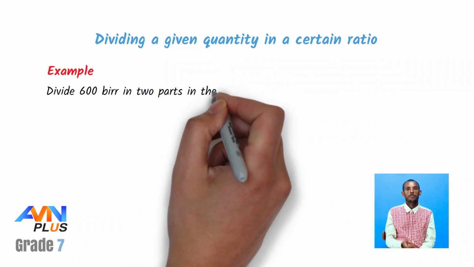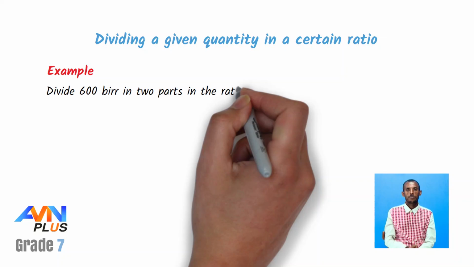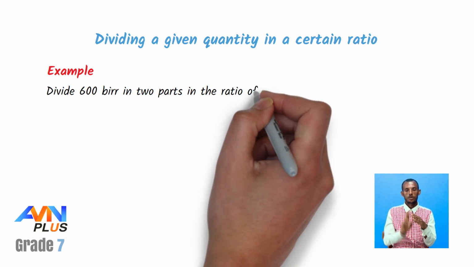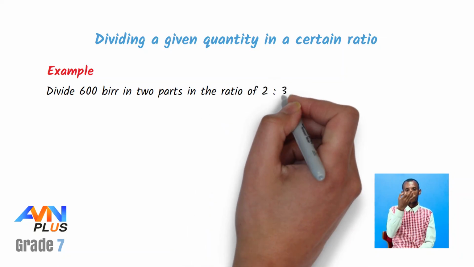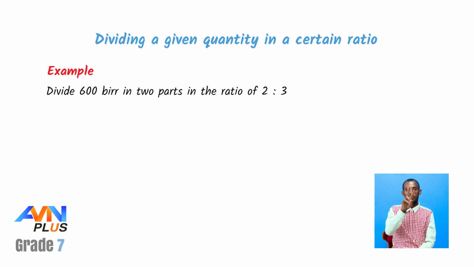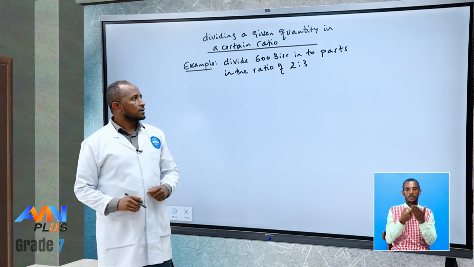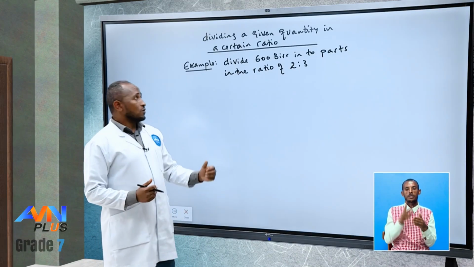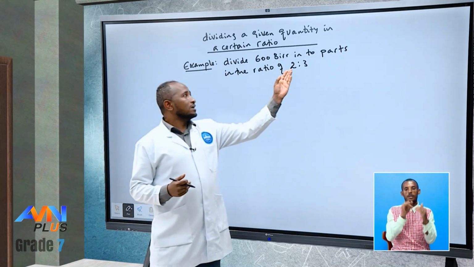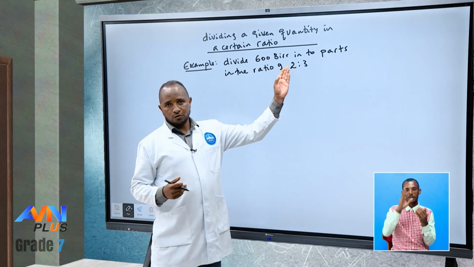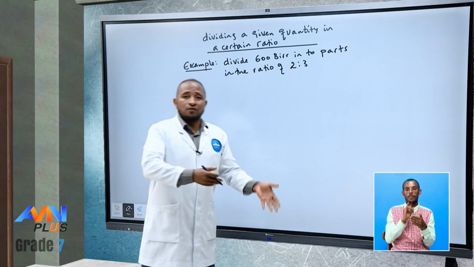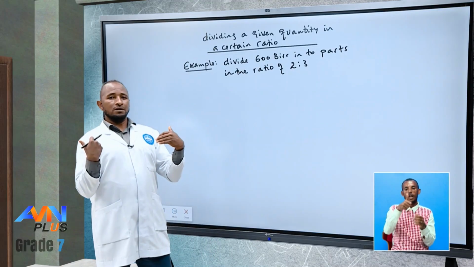In the ratio of 2:3. So I have to divide this into parts in this ratio. So here, the ratio of the quantities in its simplest form is 2:3. So you are asked to find the original quantity.